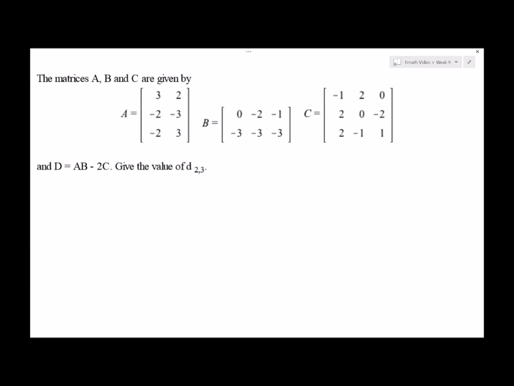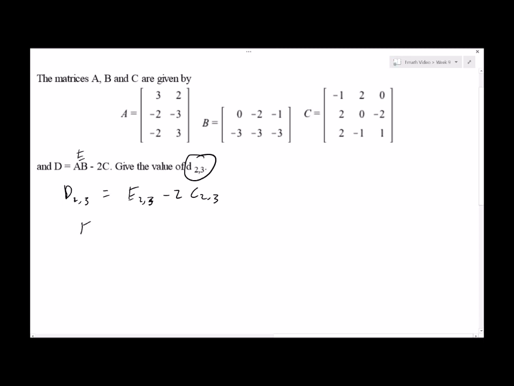But instead of finding the entire matrix, we just have to find just this particular component of D. So now, if we know AB, it's AB minus 2C, we can say that D23 equals, and we call this again E, it's going to equal E23 minus 2C23, because that's how we add and subtract matrices. So now we just have to find E23. We already know what C23 is, and we just plug it in.